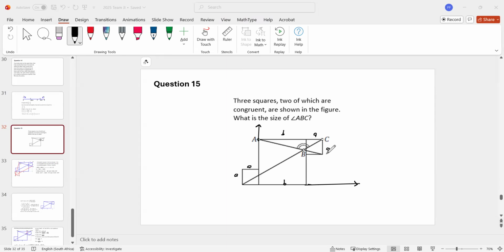So I noticed that this angle here is associated with 45 degrees. You know, when you join opposite corners of a square, you're going to get 45 degrees. Anyway, that became quite a complex thing for me, and I was able to solve it using analytical geometry, but it was quite a complicated solution.